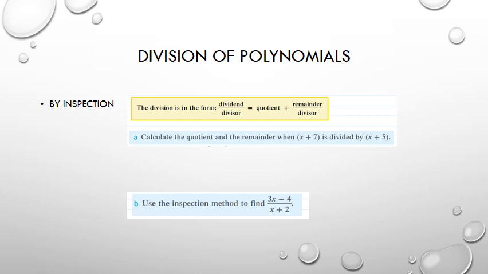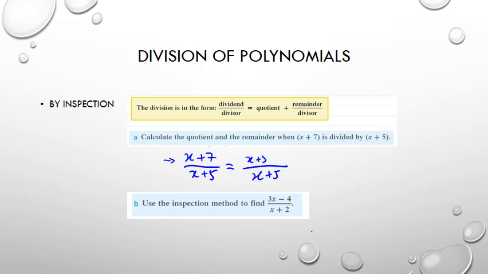Okay, division of polynomials. Now there's two types. One is by inspection. What you do with inspection is you check how much of a divisor is in the dividend. It's easier if I just show it to you. So we have x plus 7 divided by x plus 5. You look at the bottom, you have an x plus 5, and what we want out of the first one is an x plus 5, because then we can divide it easily.